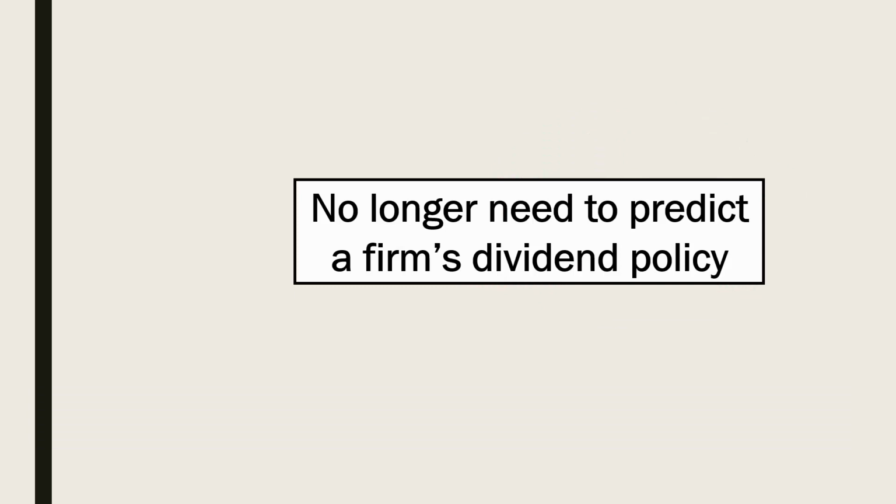By focusing on free cash flows rather than dividends, we no longer need to predict the dividend policy of a firm. We can use the discounted cash flow approach to value a firm, or the firm's operations, or the enterprise. We can then value the equity by deducting the value of debt.